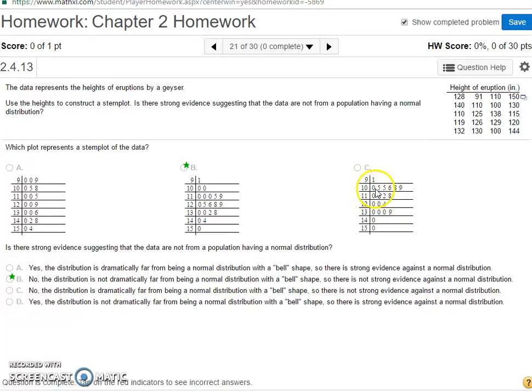This tells me I have 100, 100, 105, 105, 105, 105, 106, 106, 108, 108, and 109, 109. But if I look at my data set, the only things that I have is I have a 100 and another 100. So at this point, I already know B is my only possible.